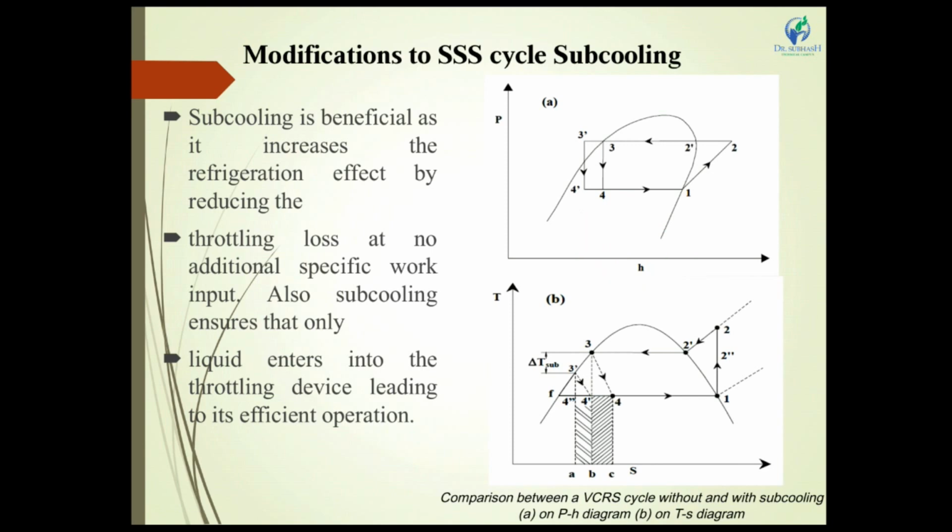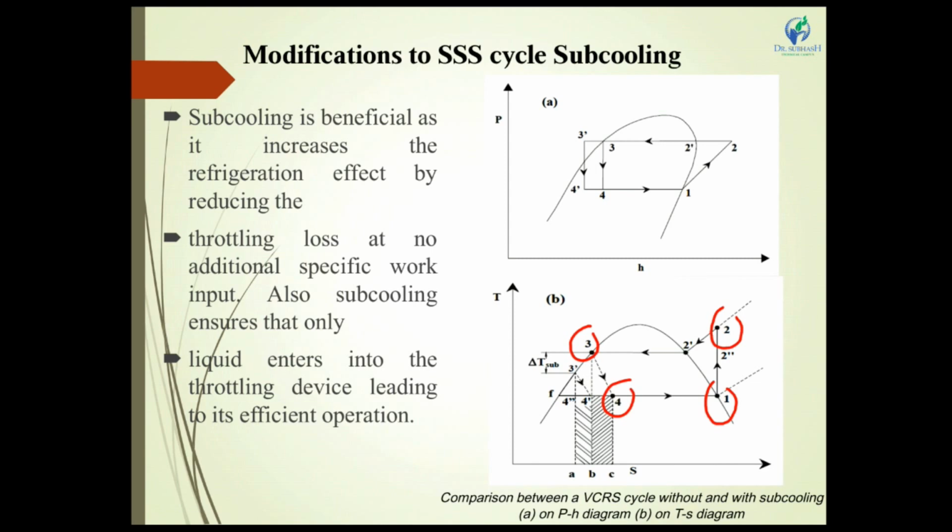In this TS diagram, process 1 to 2 is the compressor, process 2 to 3 is the condenser process, process 3 to 4 is the expansion process, and process 4 to 1 is the evaporator process. For the regular process, we have point 1, point 2, point 3 and point 4, where we are not giving any subcooling.